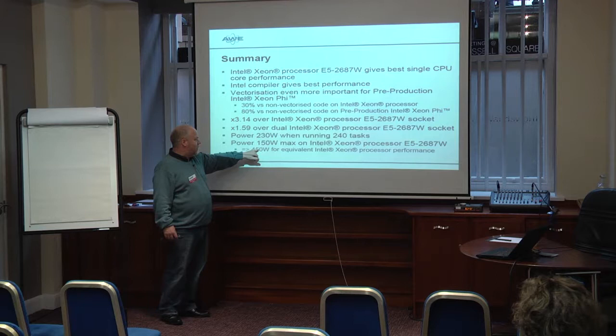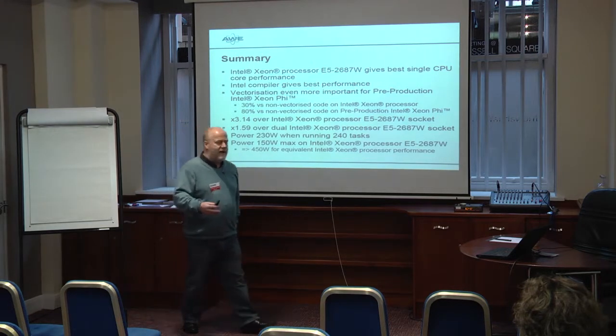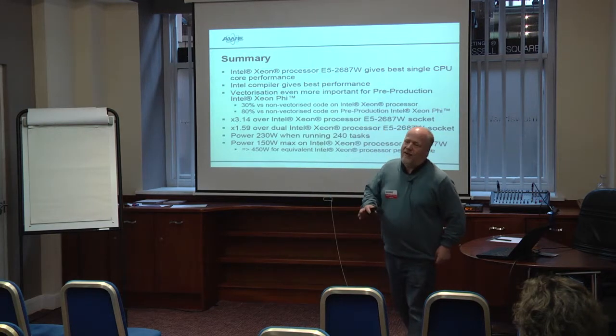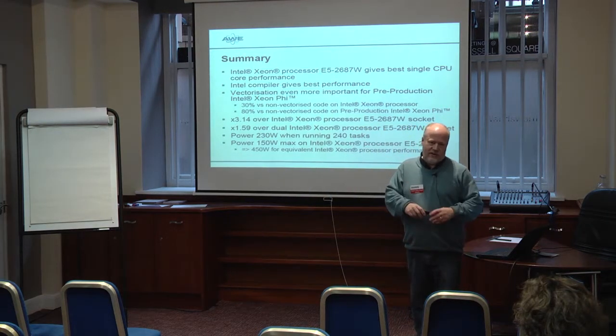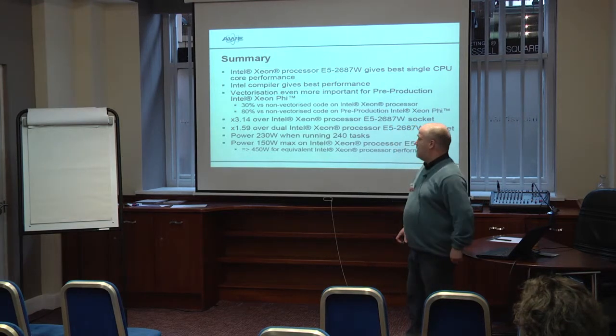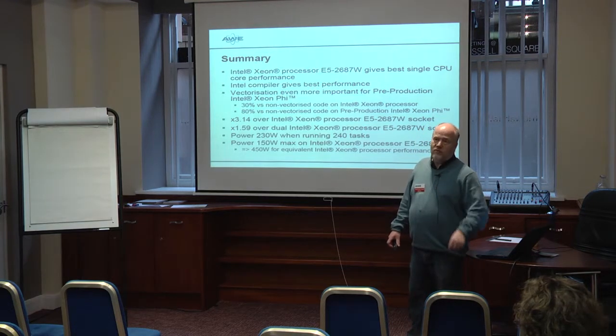So if you managed to achieve the same calculations on the Xeon Phi that you did on the regular processor, you would have done effectively 450 watts. So it's more power effective. I don't think that came out very well, but what I'm trying to say is that it's more power effective to do the calculation. So watts per flop, for instance, is better on the Xeon Phi than it is on the regular Xeon. That's one of the reasons why some developers are looking at the power, not just performance, that they're interested in.